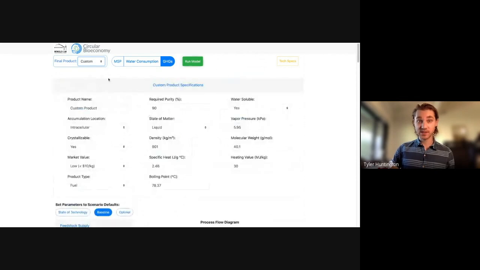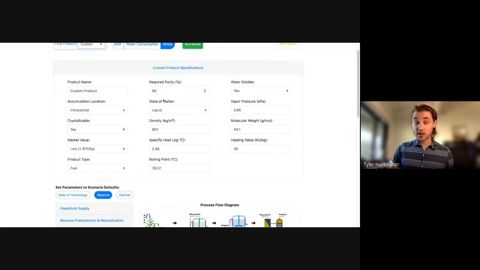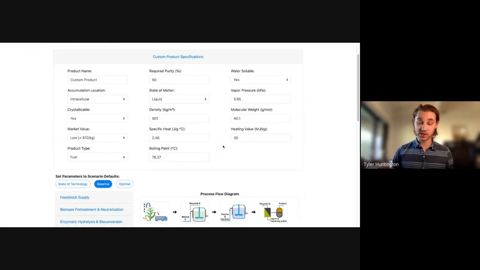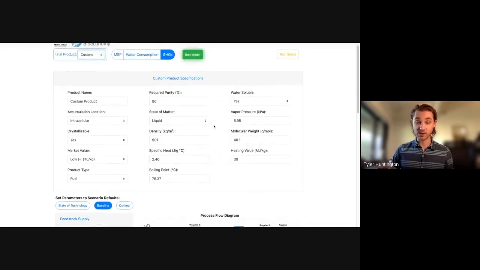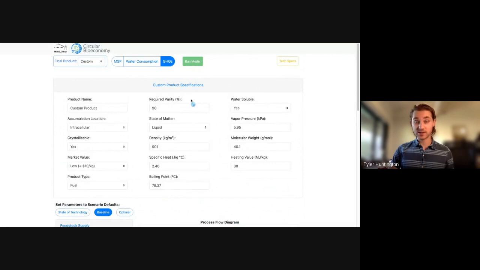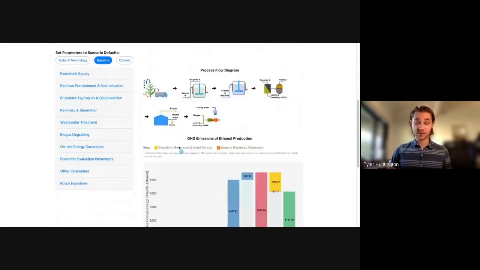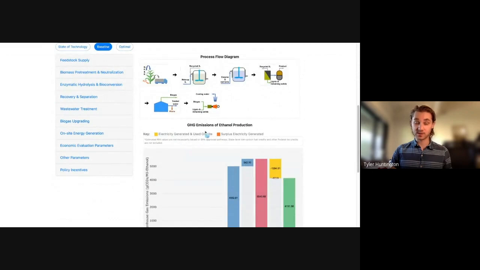But we've recently added this custom option where, if you know a lot of details about a certain product that you want to model, which isn't off the shelf, you can enter those in here, and the data given is purely for demonstration purposes. This isn't for a real product, but you can run a model for a custom product and get the same types of outputs.